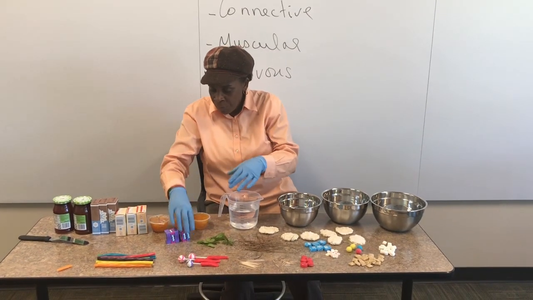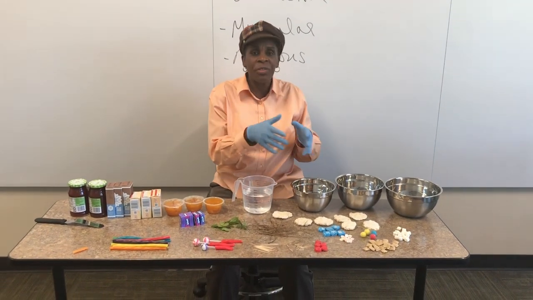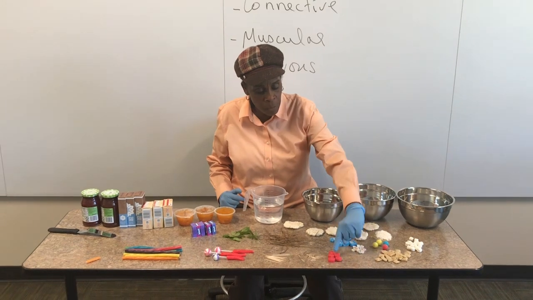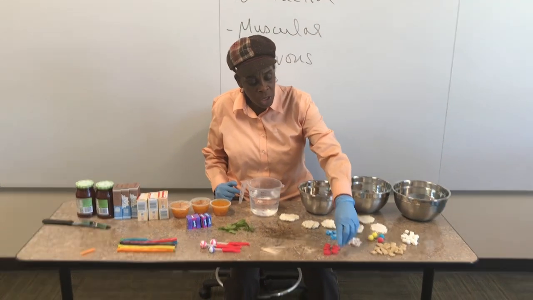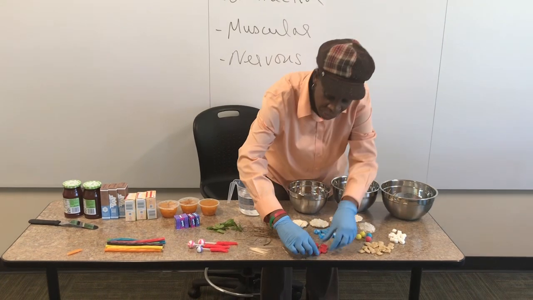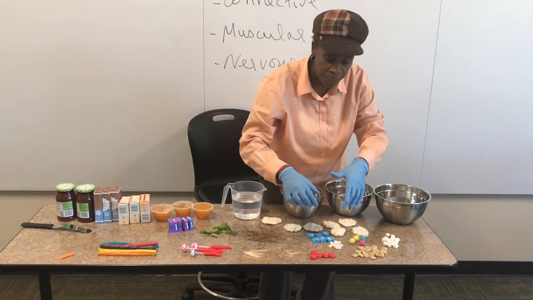For example, if I look at this table here, you can see different things with different shapes, different structure. If I look at these candies, for example, you can see they look like little circles. In epithelial tissues, these tissues will come together, like stand like this, to form some kind of layers.